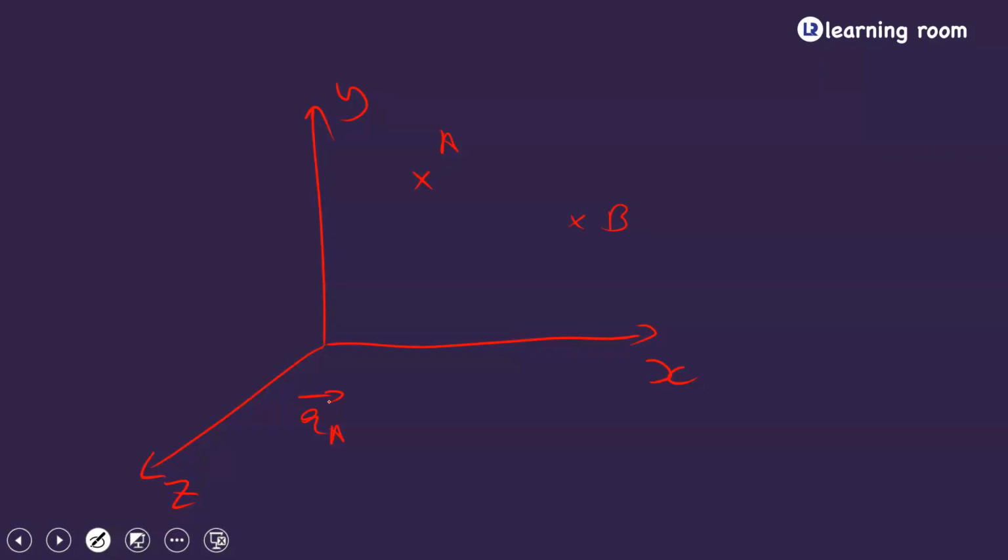It's not a scalar, it's a vector. That's when I put an arrow mark on top. I can write it in terms of x. It will have some value: x1 i cap plus y1 j cap plus z1 k cap. Are you able to understand this? Good.